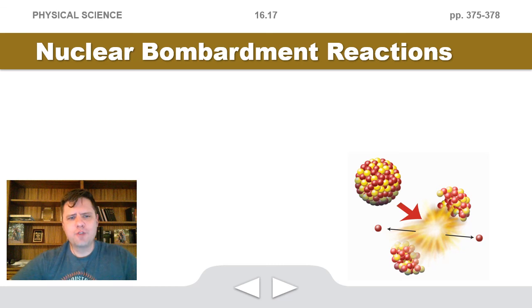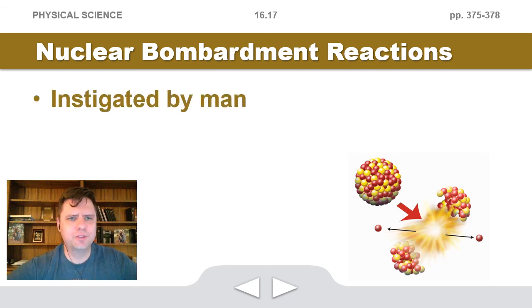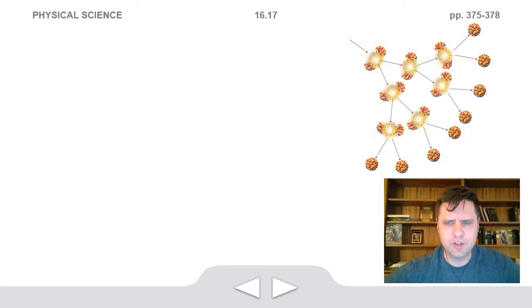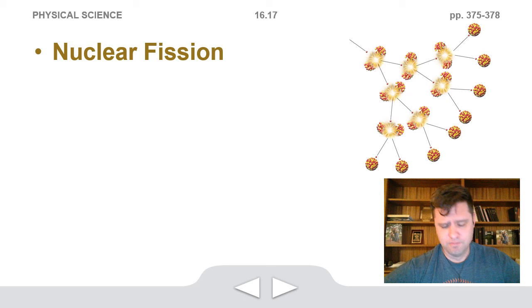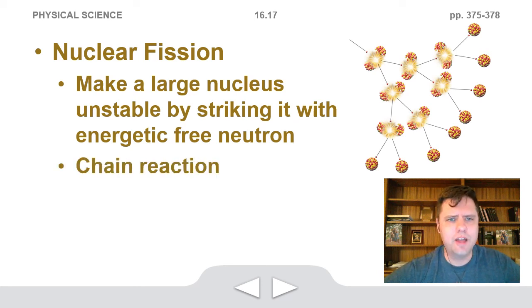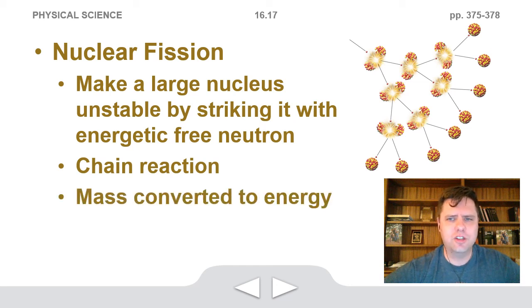Now, I'm sure you've also heard of nuclear bombardment reactions instigated by man, which release far more particles and energy than nuclear decay. There's a collision of particles, and what makes it even more strong is whenever we can cause a chain reaction to take place, where we make a large nucleus unstable by striking it with an energetic free neutron, and then start a chain reaction in which that particle splits apart an atom, which then releases other particles and splits apart other atoms.